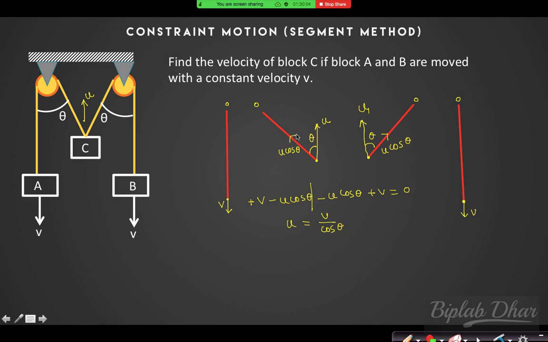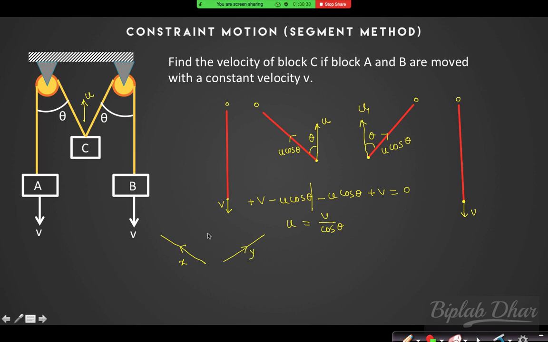Look, along the string, if you take the velocities, always remember that you cannot take the component of a component. Suppose in this direction the velocity is x, and in this direction the velocity is y.